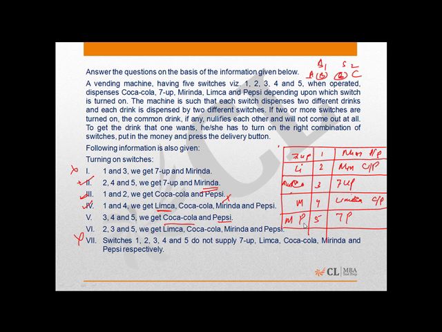And it is also known that one of the drinks dispensed by switch 4 is Limca, which is also not there, which means this gets cancelled out with switch 5, which means the other cold drink dispensed by switch 5 is Limca.